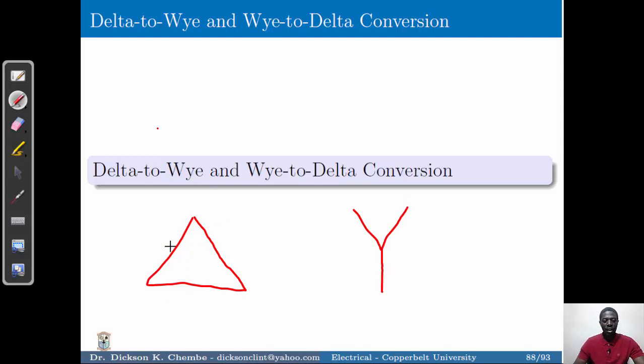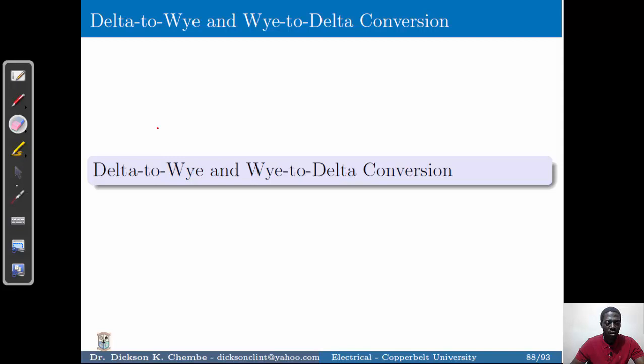Now, if resistances are arranged in this way, connected to 3 nodes, it implies that there's a special way or special formulas that we use to handle these resistances connected in such a format. And this is what I'm about to show you just now.